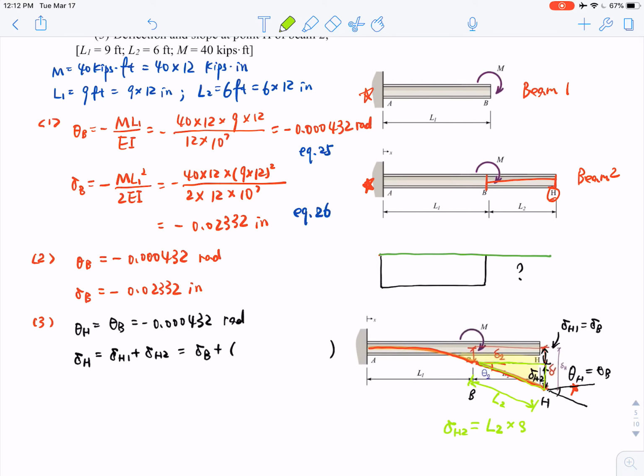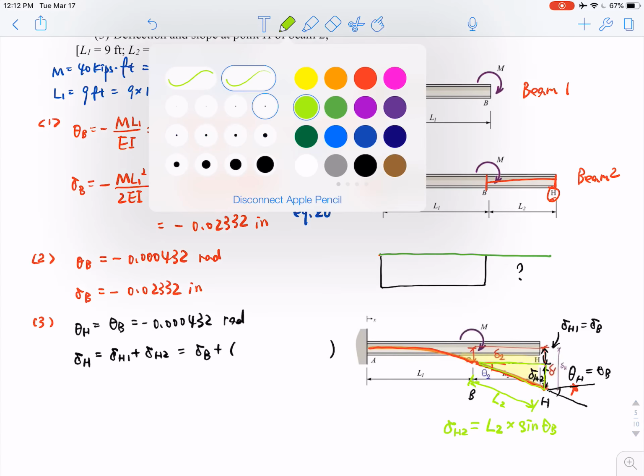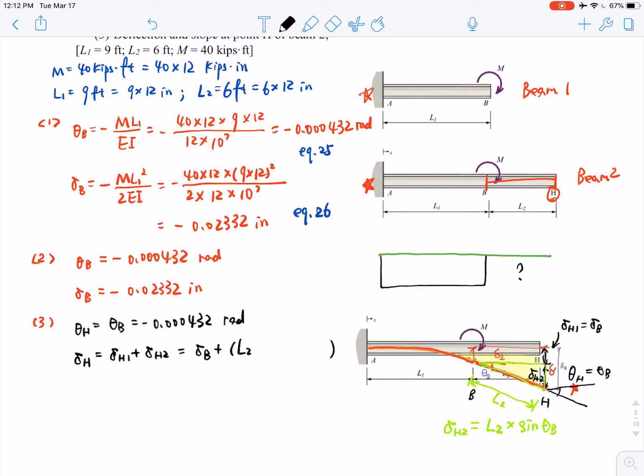L2 by sine theta B. So here we will get L2 by sine theta B. And this will be negative 0.02332 minus L2, that is 6 by 12, by sine 0.000432.